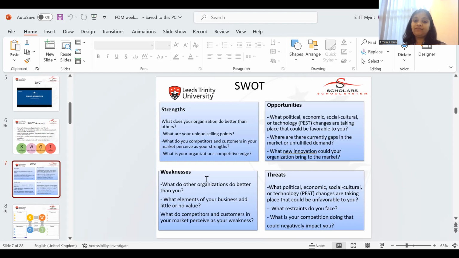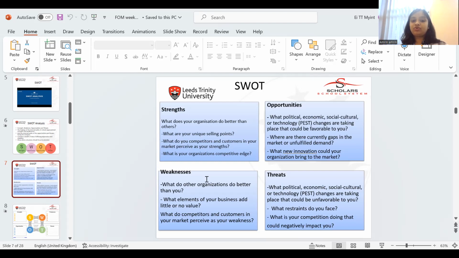So first would be, what do other organizations do better than you, right? If you want to grow in the market, you have to check the other organizations, what best they are doing. So you can check and apply that in your business.